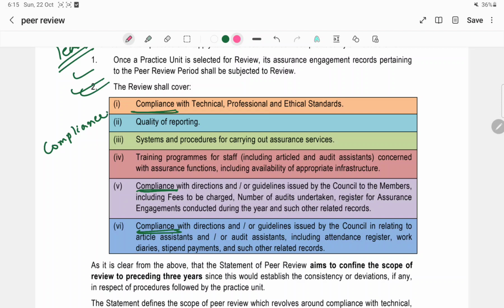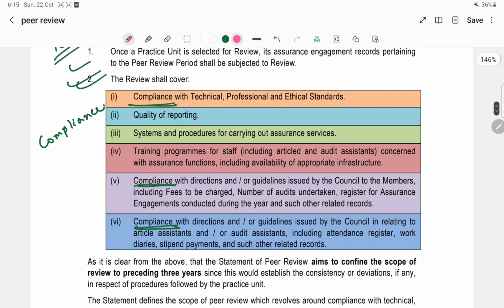Now we'll see what these three compliance points deal with. Here is again TPS, as I told you, technical, professional and ethical standards. So one compliance will go for TPS. The next compliance will go for directions or guidelines issued by the council.